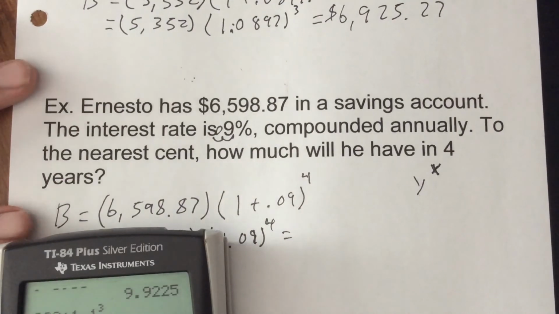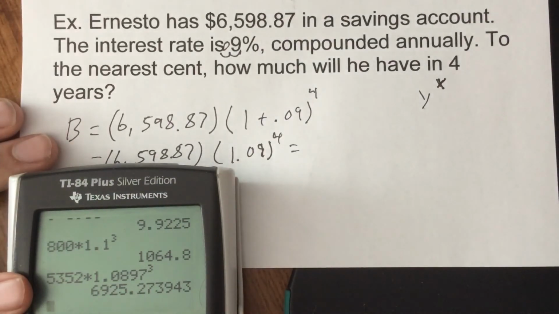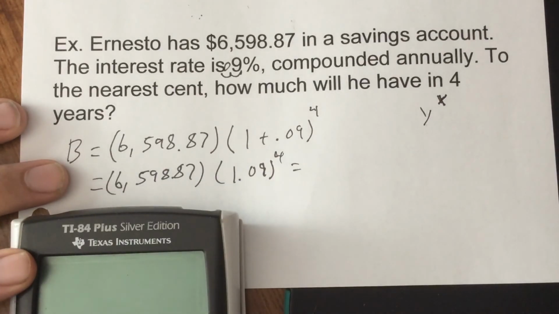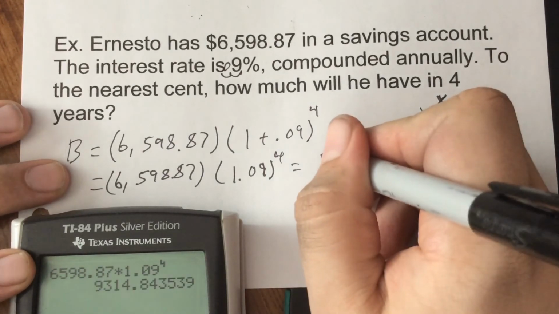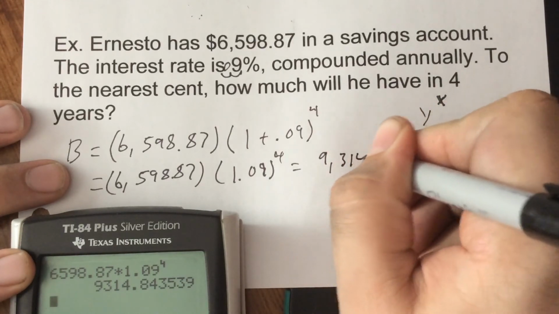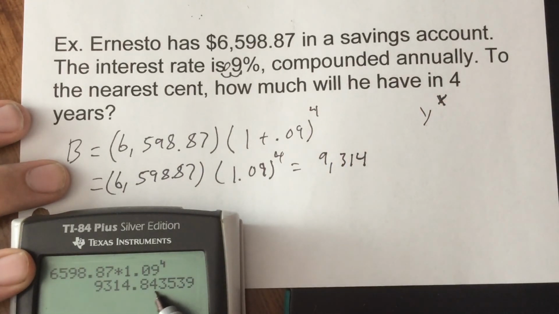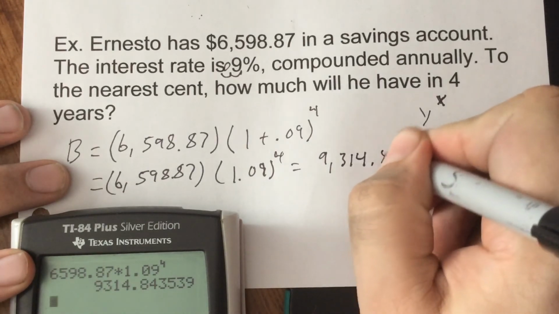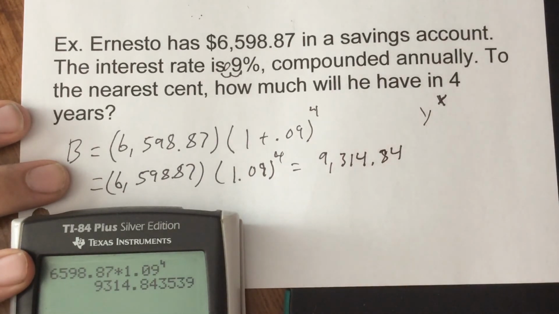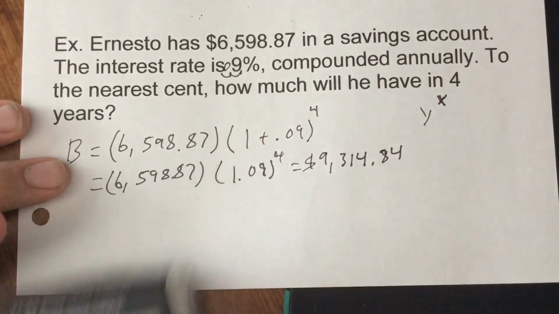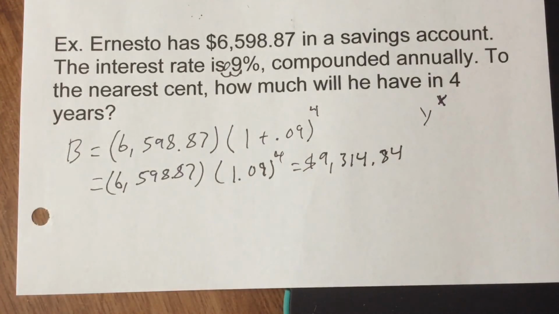So we have 6,598.87 times 1.09 raised to the 4th. So we're going to end up with 9,314. And again, 2 places, so 84 for a decimal, since the 3 won't round the 4 up. And there's your answer. So this is the last of this unit.